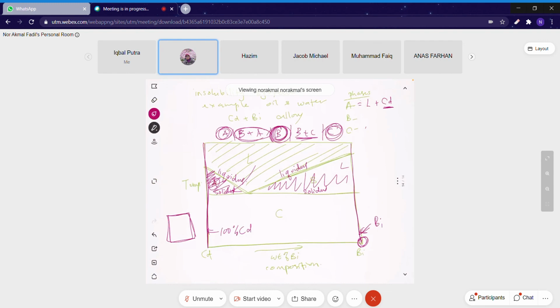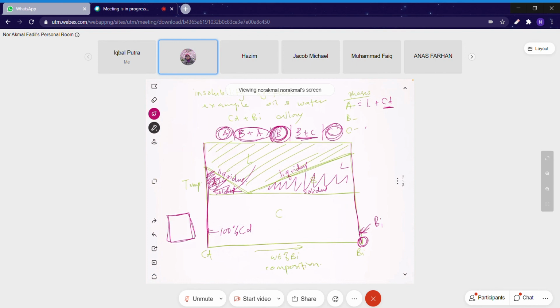This is what I want you to understand, how we interpret a phase diagram. For insolubility, it does not form a new phase labelled alpha or beta. In this case, there's no such solid solution. It is still the original cadmium and bismuth in their own crystal structure.